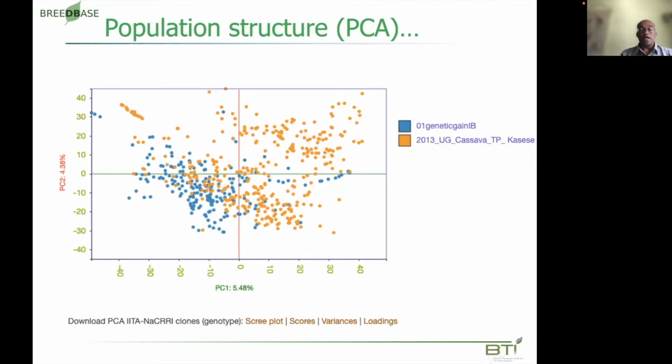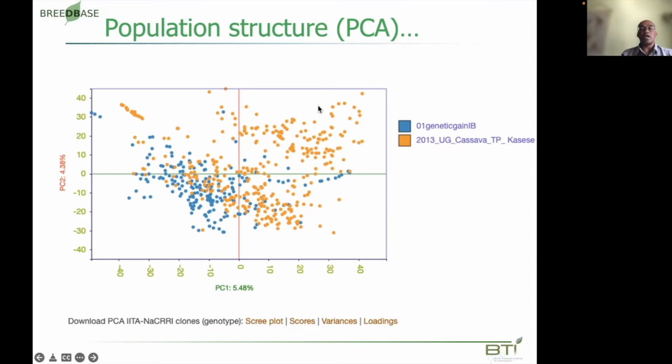If you want to assess any underlying patterns or similarities in a group of clones, for example, based on any kind of measurements taken on them, whether phenotypic or genotypic measurements, you can use PCA, and it will show you if there is any underlying pattern.